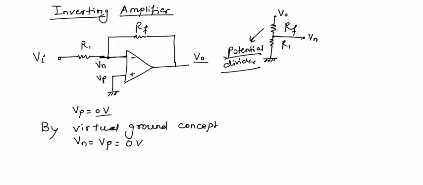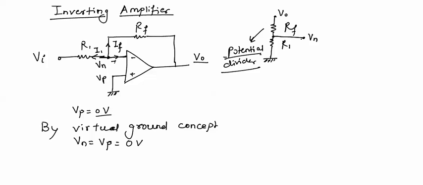For this KCL, we first write the currents in the branches connected to this node.